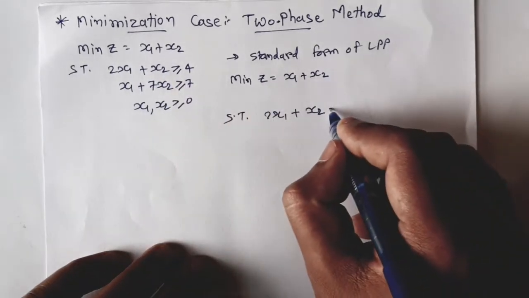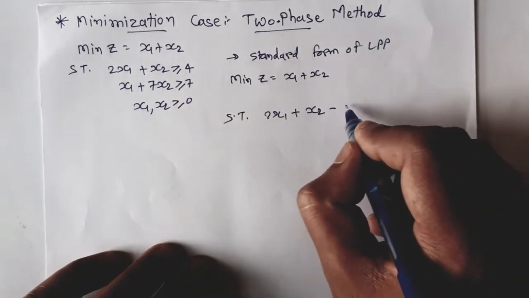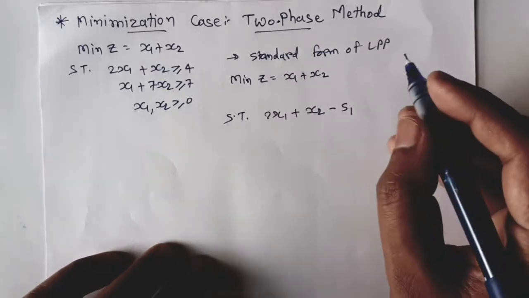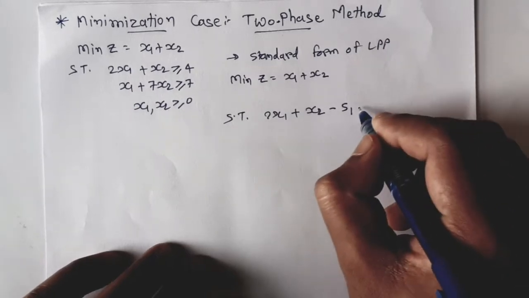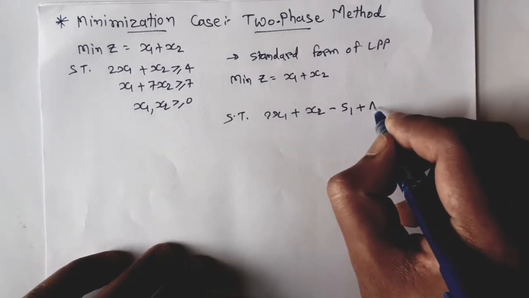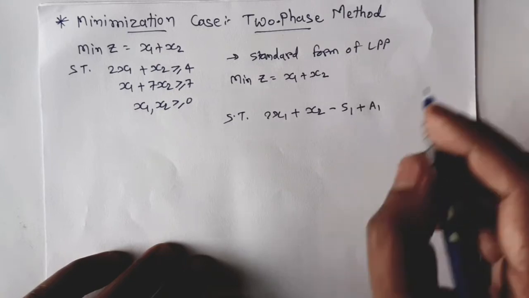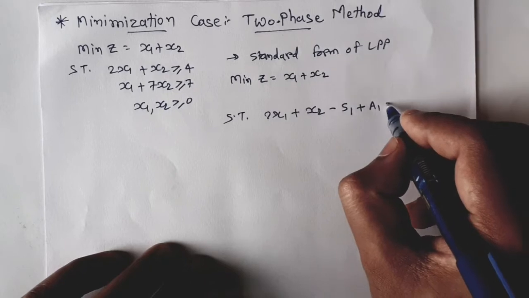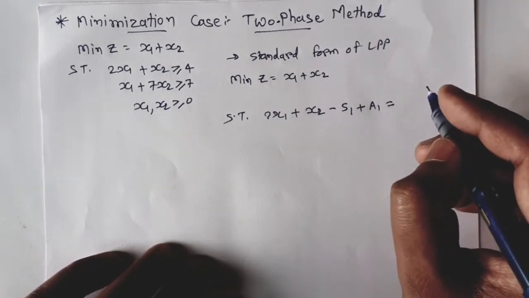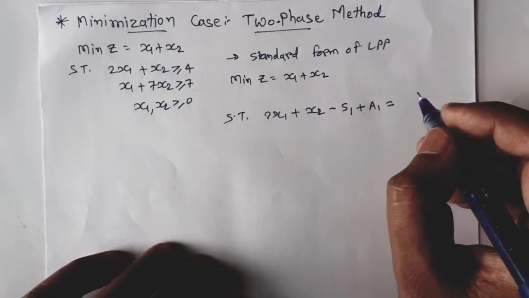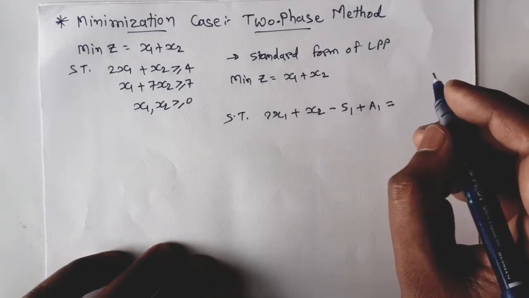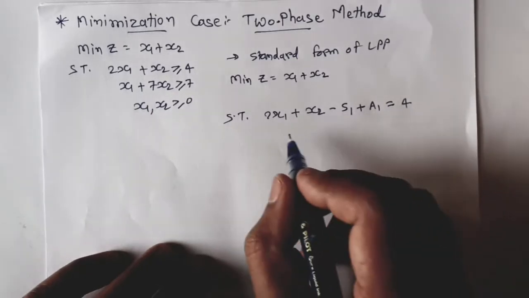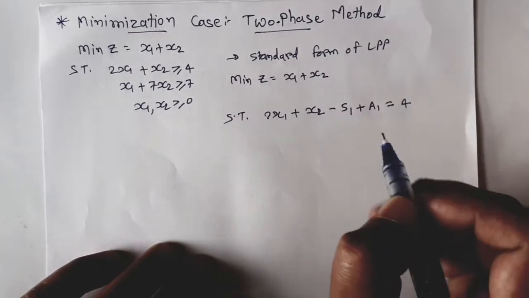So we will subtract a surplus variable, let's say s1, plus a1, where a1 is the artificial variable. When we subtract a surplus variable, we have to add an artificial variable as per the requirement of the algorithm. If we do not do this, then we get an infeasible solution, and that is not desirable at all. So the first constraint is 2x1 plus x2 minus s1 plus a1 equal to 4.